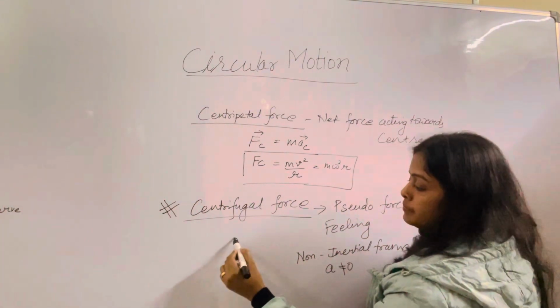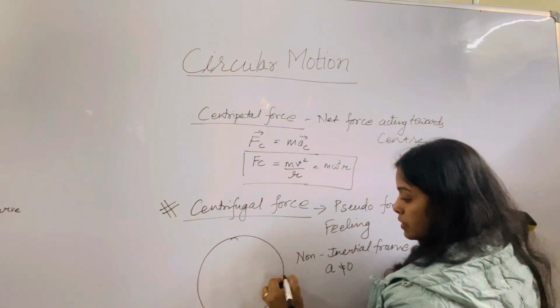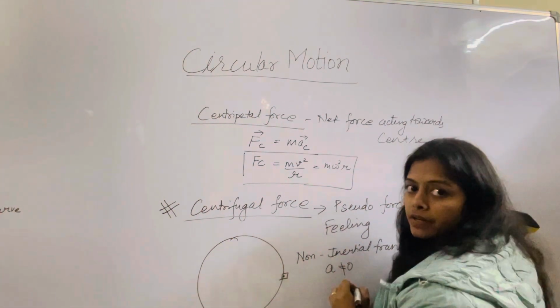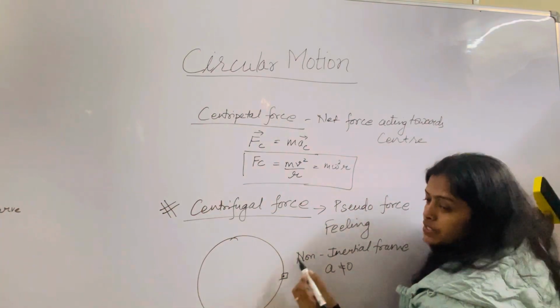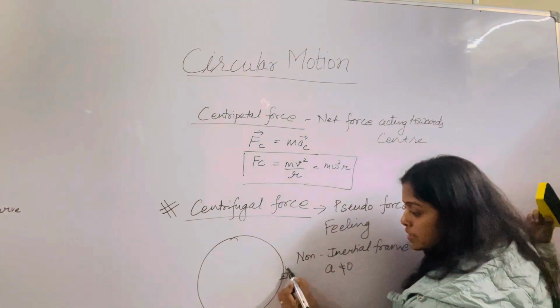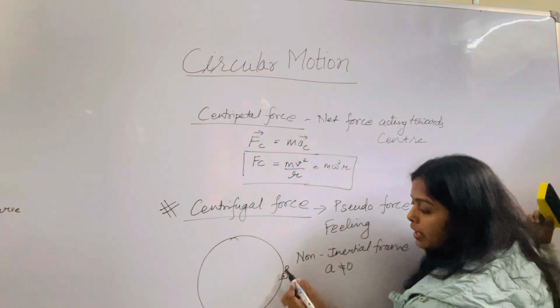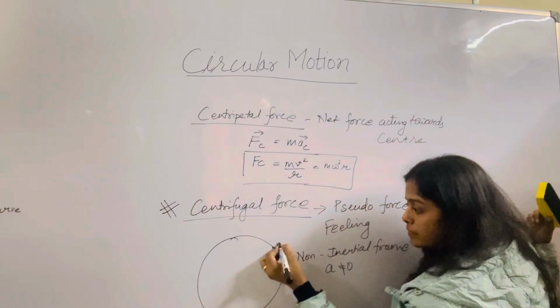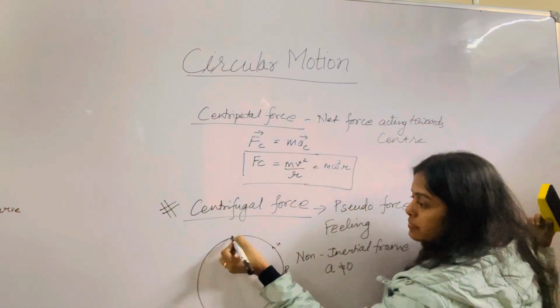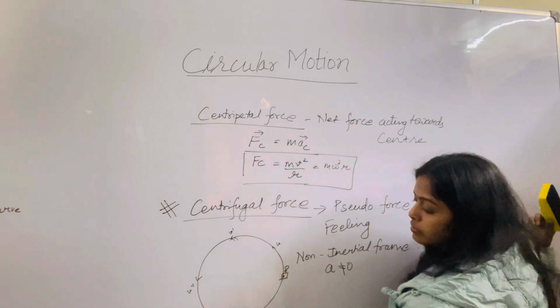So what happens when an object is moving in a circular motion? Suppose we have an object here. The observer who is observing the whole incident goes and sits in the accelerated frame, which keeps changing, suppose here at point v prime, v double prime, and so on.